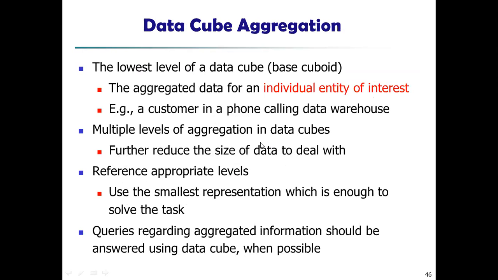Multiple levels of aggregation in data cubes further reduce the size of the data. Deal with reference to appropriate levels. Use the smallest representation which is enough to solve the task. For example, queries regarding aggregated information should be answered using the data cube when possible. And whenever we discuss the multidimensional cube, at that time I will explain it in a clear manner. Thank you.